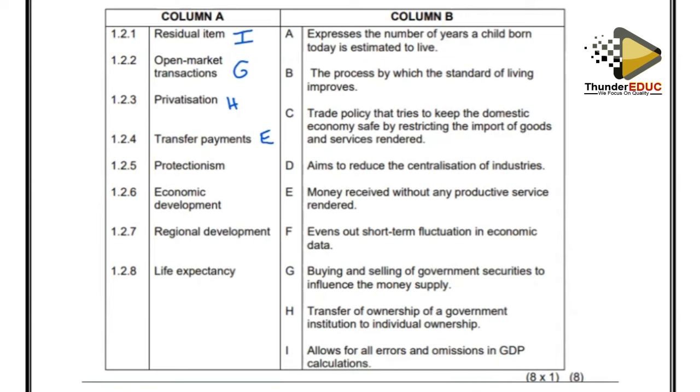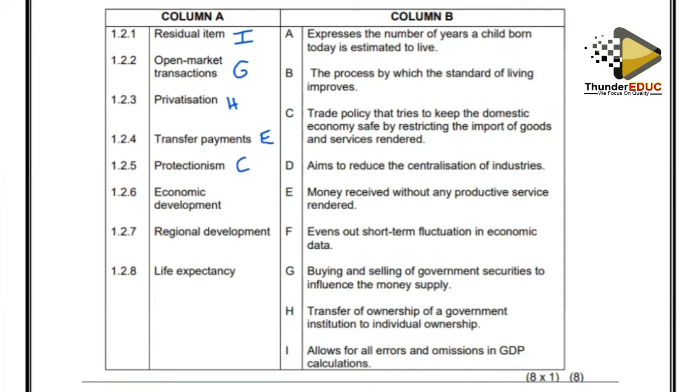Okay, right. So now we have 1.2.5, which is protectionism. Protectionism, here we have the trade policy that tries to keep the domestic economy safe by restricting the imports of goods and services, meaning our appropriate answer in this regard is going to be C. Okay, right, grade 12s. So now let's move on to 1.2.6, where we have economic development. I did explain economic development in the aforementioned questions.